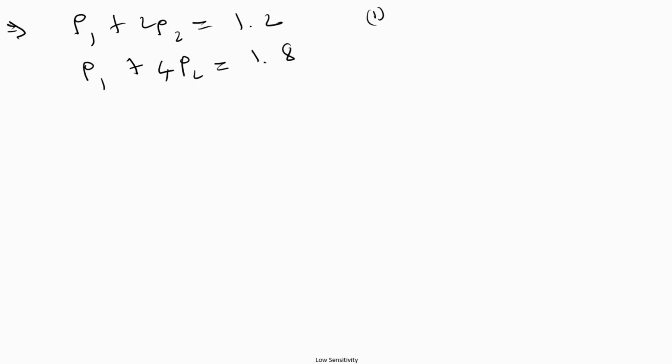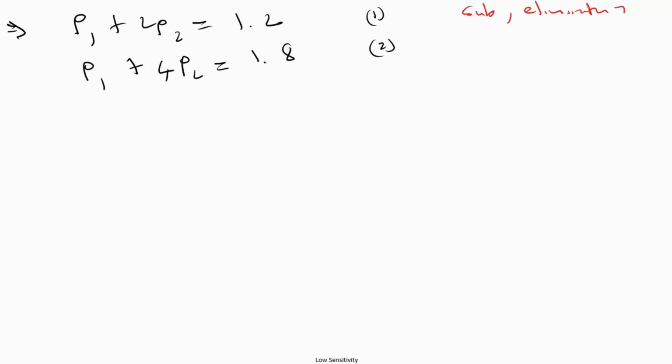This is equation 1, this is equation 2. We can solve this by substitution or by elimination. Here I'm going to solve it by elimination.